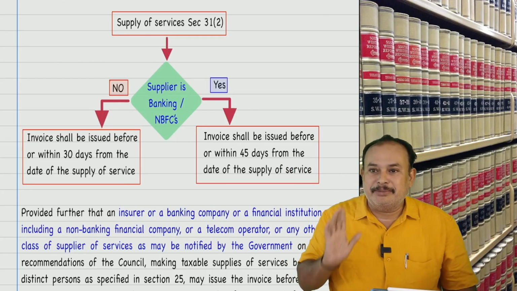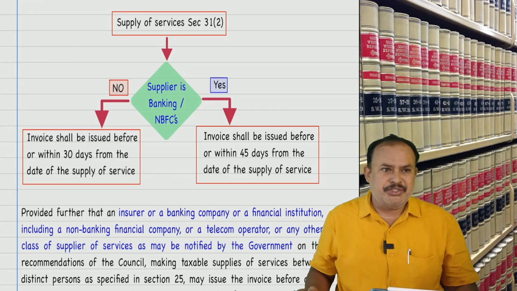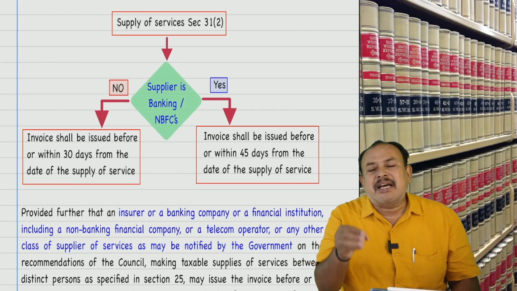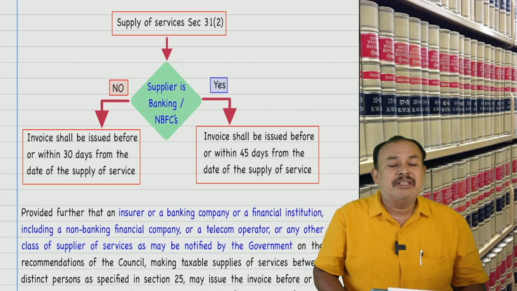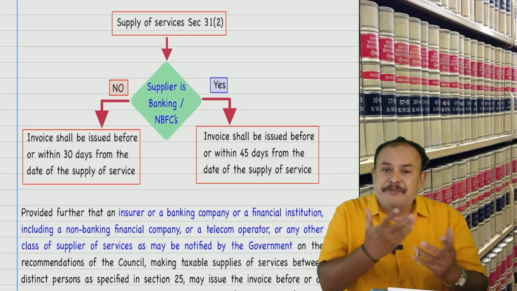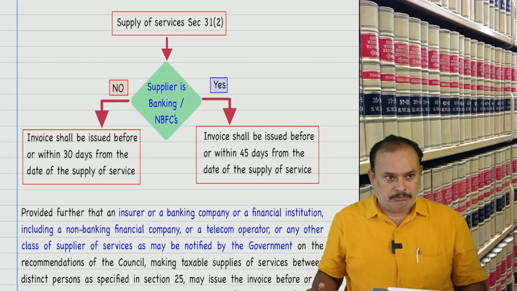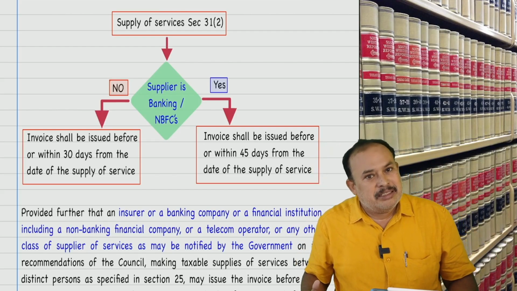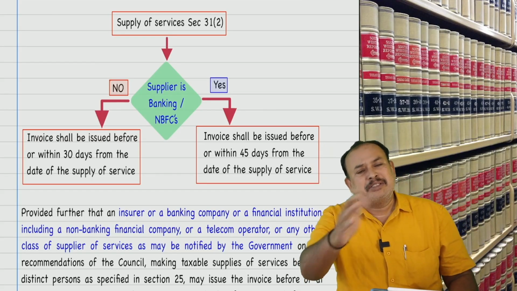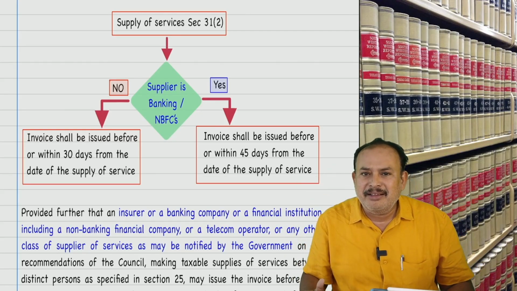For invoice, a service provider should issue the invoice within 30 days from the date of the completion of service. The last day to issue the invoice is the 30th day following the completion of the service. The 30th day is clear.